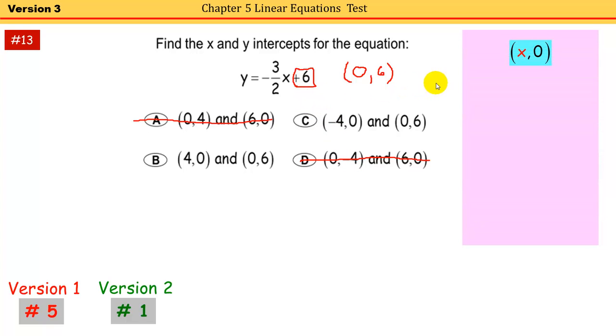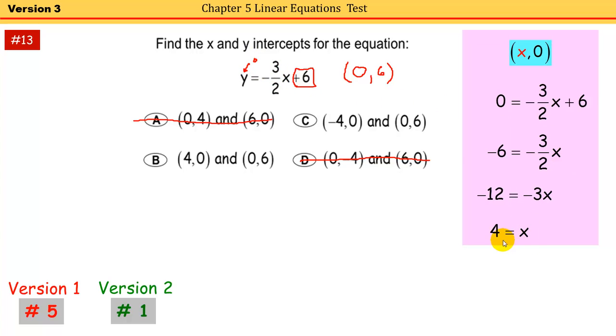My x-intercept is where y equals 0. So all I do is plug in y equals 0 and solve for x. Once I do that, x is 4, so obviously it's not this one. Our answer is B. X-intercept, y-intercept.